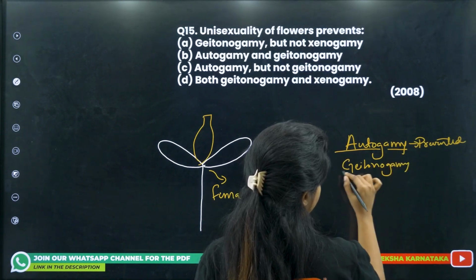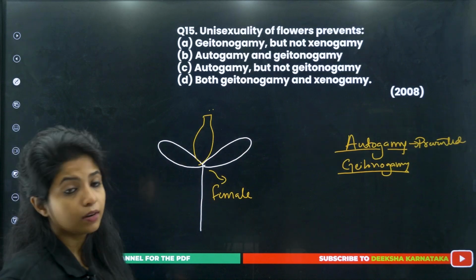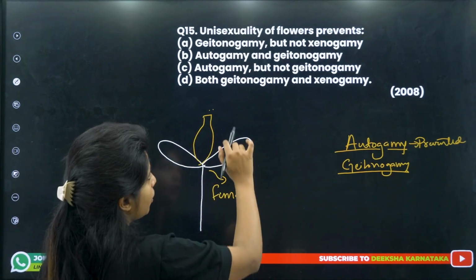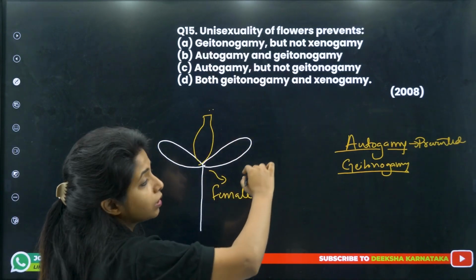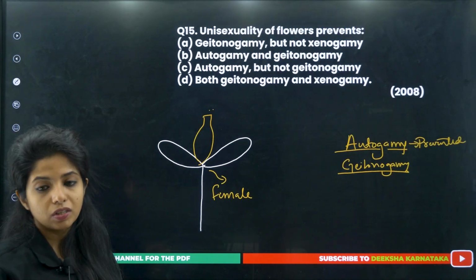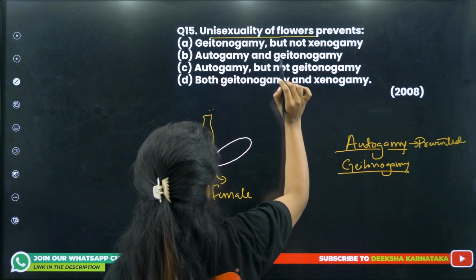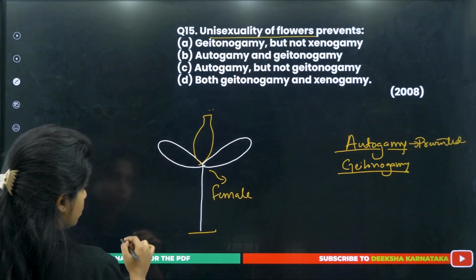Geitonogamy as in from one flower to another flower. Now, they have not mentioned unisexual plant. No, they are not saying that the plant is dioecious, nothing like that. It's saying it is unisexuality of flowers. So, this flower is unisexual.